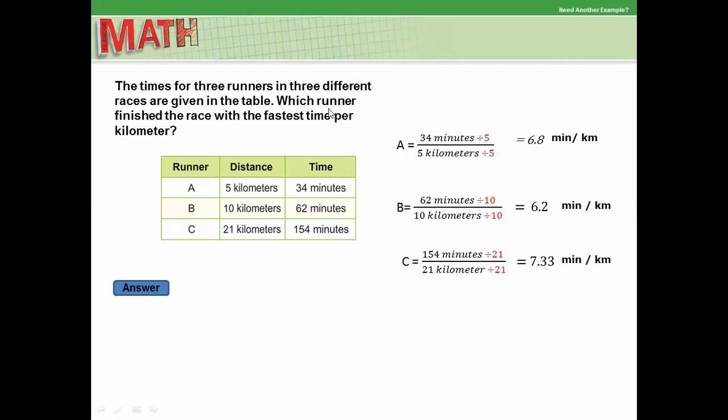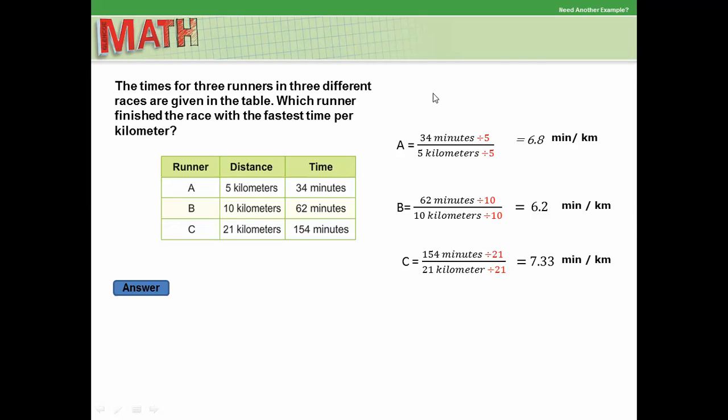So here, I want to know which is fastest per kilometer. The fastest one per kilometer is the one with the smallest number. The smallest amount of time per kilometer is the best.